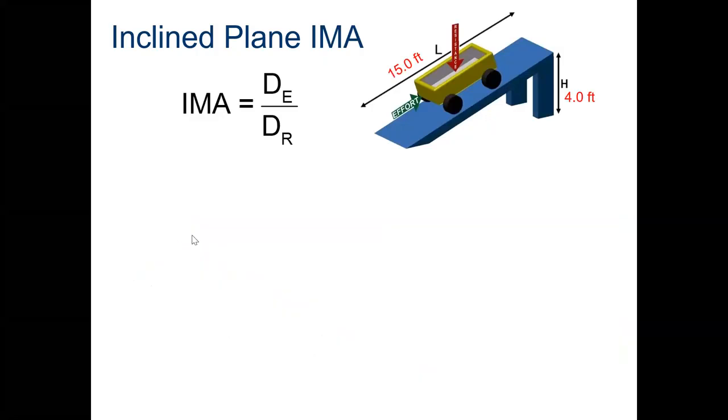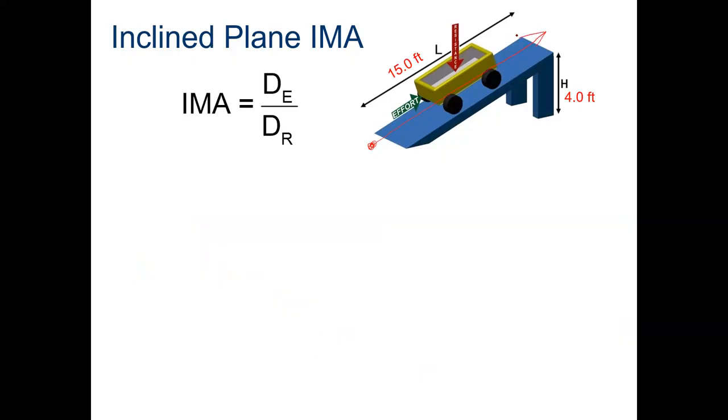So IMA for an inclined plane is still the same as all of our other IMA equations. It's dE over dR, and just like with our other equations, it's just where do we put the distances that we're looking at. So I have the distance that I'm applying the effort, and I have the distance that my resistance is going. So in the picture here, we have this cart, and the cart would be starting down on the ground, and we're slowly moving up the ramp this way.